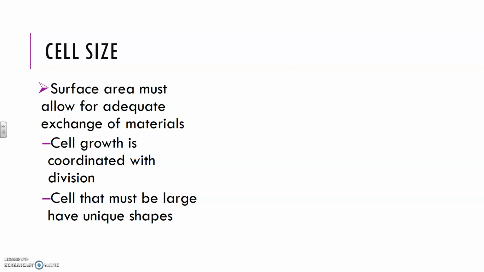And so that's why it's coordinated with division. Again, cells can create different shapes in order to increase their surface area and keep the volume at a constant. That keeps the ratio between surface area and volume as high as it needs to be.